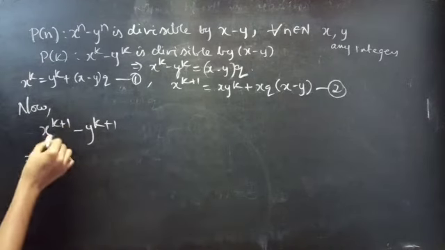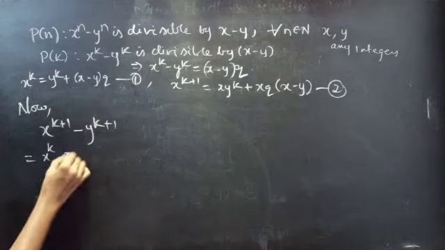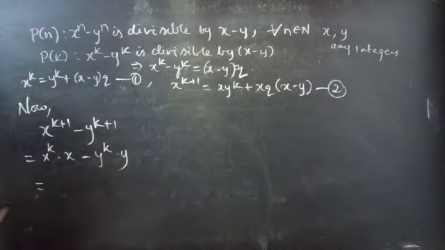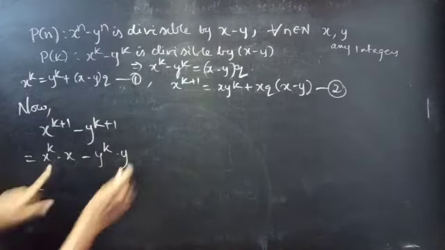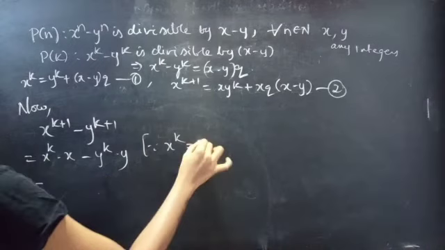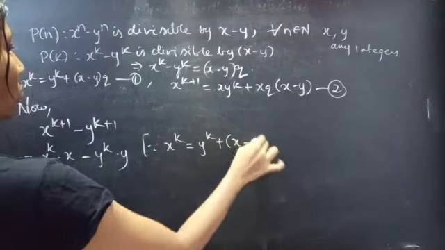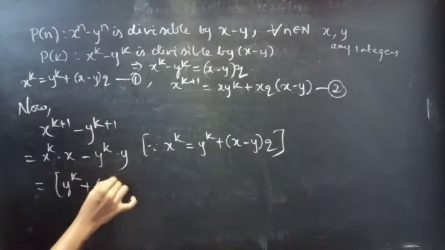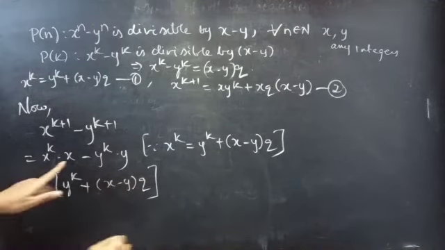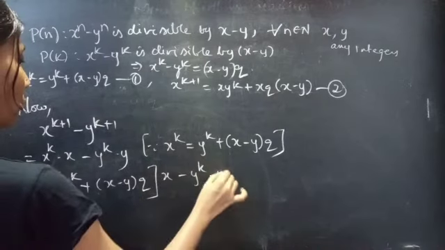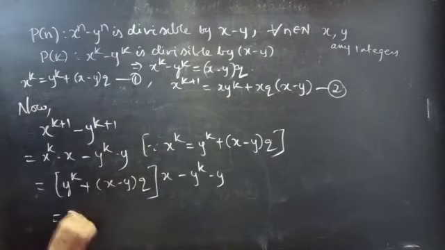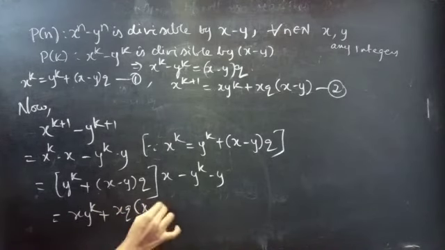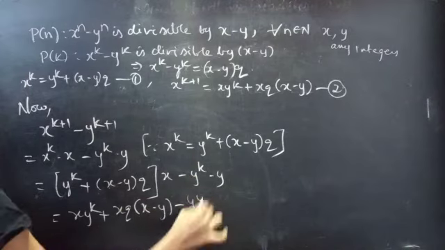Well, now you can split x power k plus 1 minus y power k plus 1 as x power k into x minus y power k into y. Now replace x power k using equation 1, since x power k equals y power k plus x minus y into q. Then you'll get y power k plus x minus y into q into x minus y power k into y, which is equal to x into y power k plus x cube into x minus y minus y into y power k.